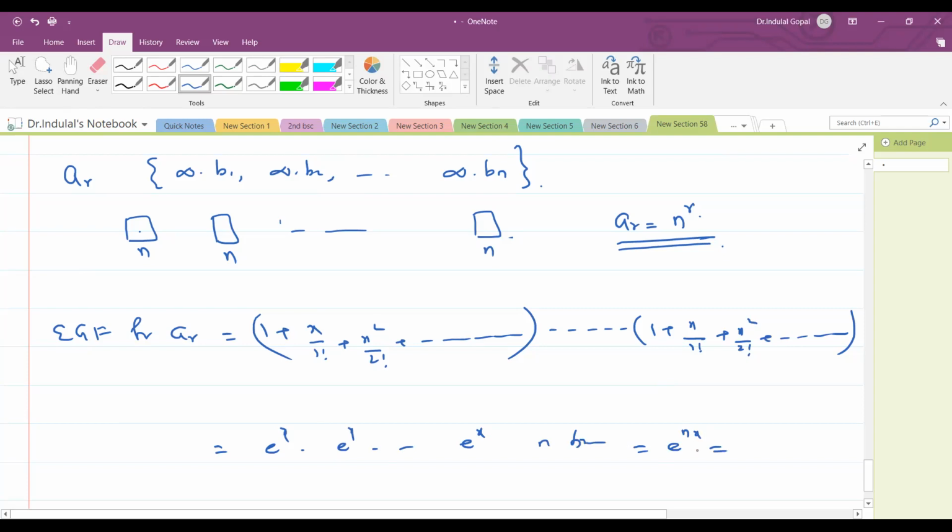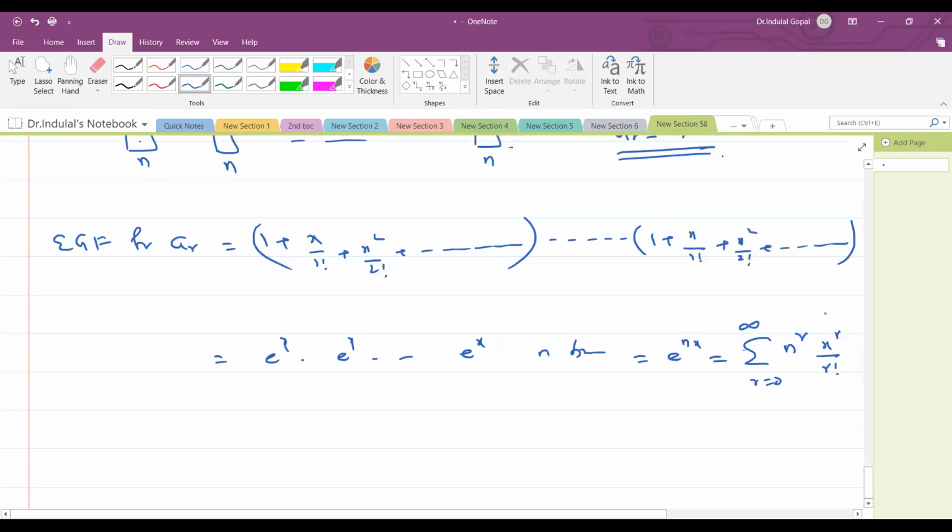E raised to nx is sigma r equal to 0 to infinity n raised to r x raised to r by r factorial. This is the exponential generating function for AR. Therefore AR, the coefficient of x raised to r by r factorial, is n raised to r. That tallies with our previous knowledge.